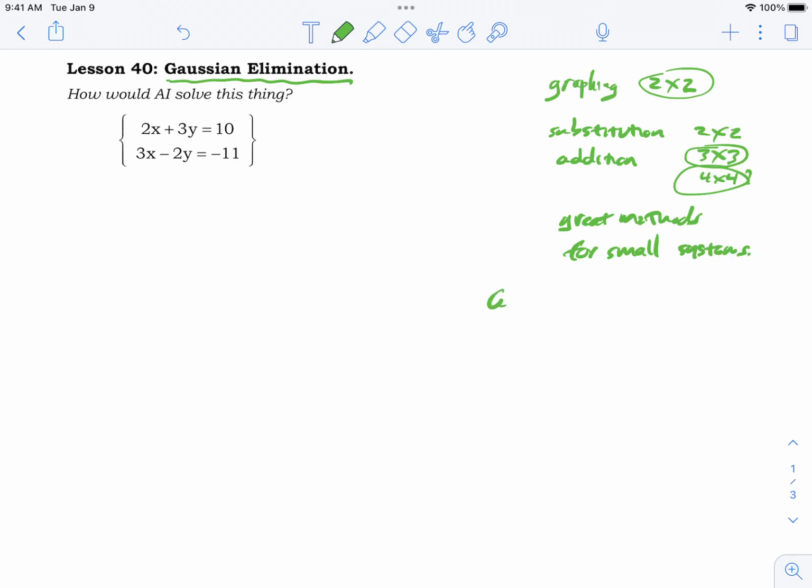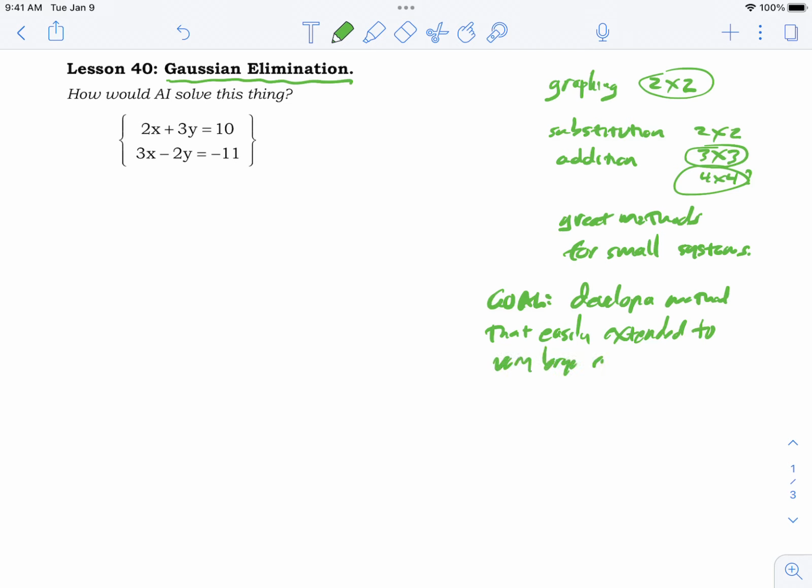What we want, our goal today, is to develop a method that is easily extended to very large systems.